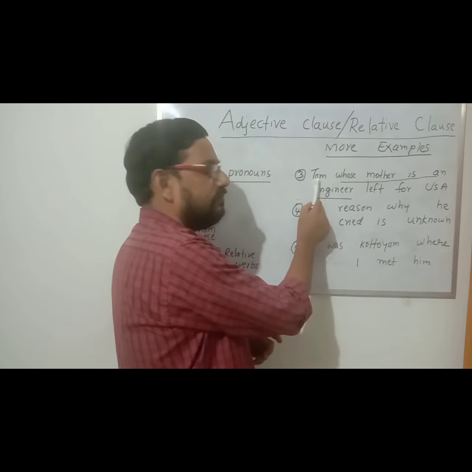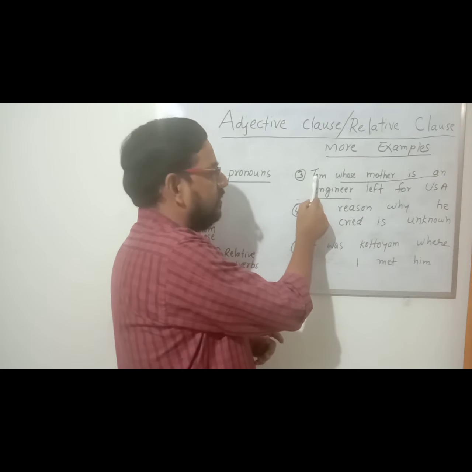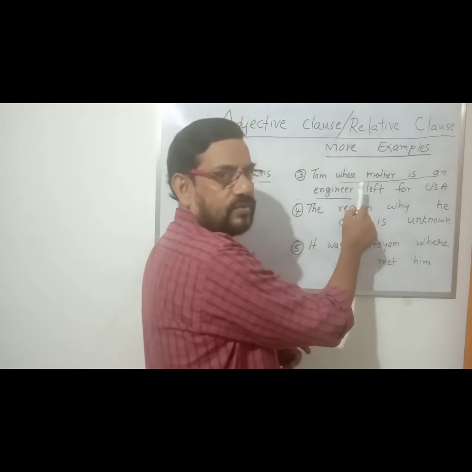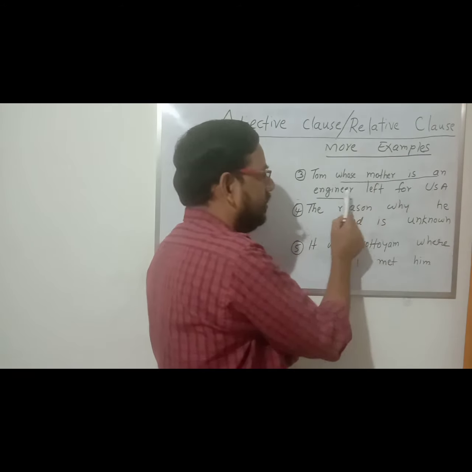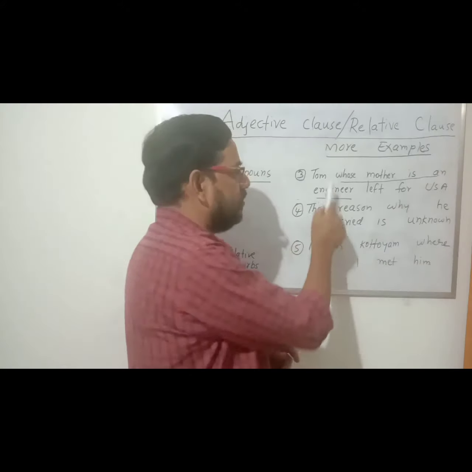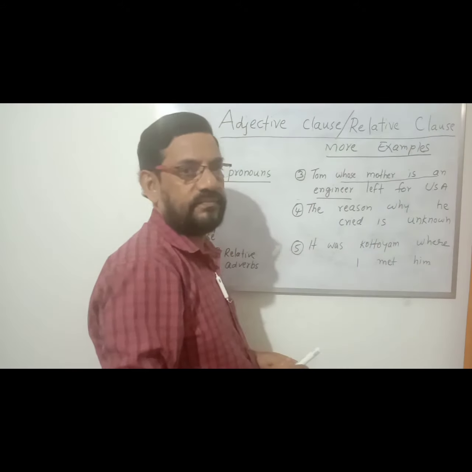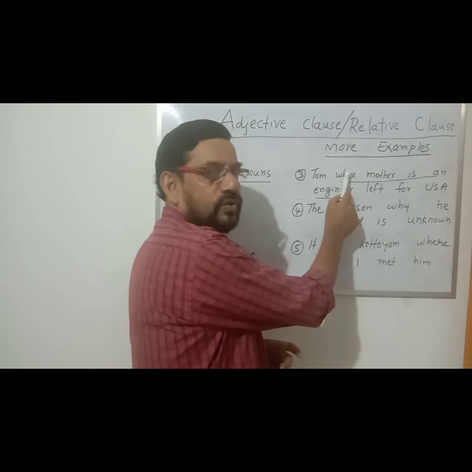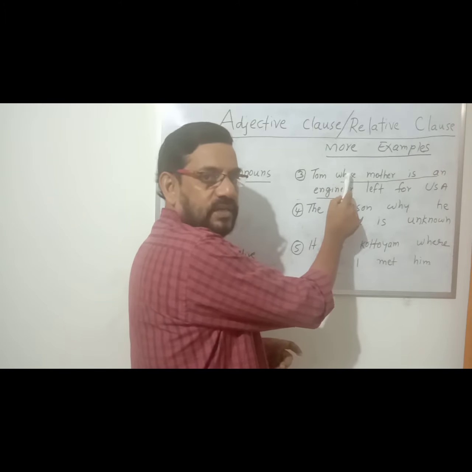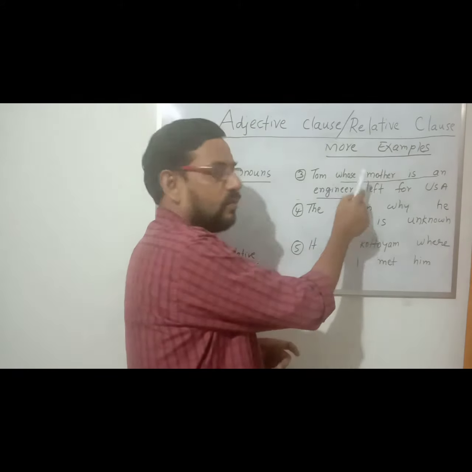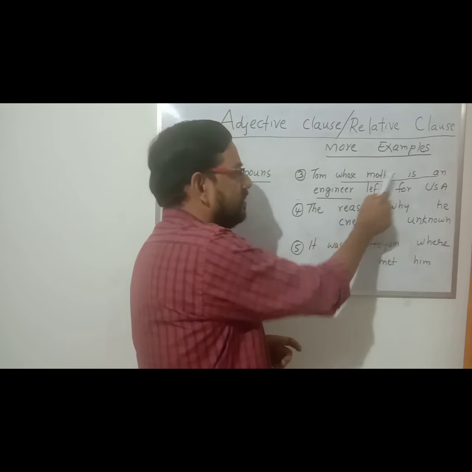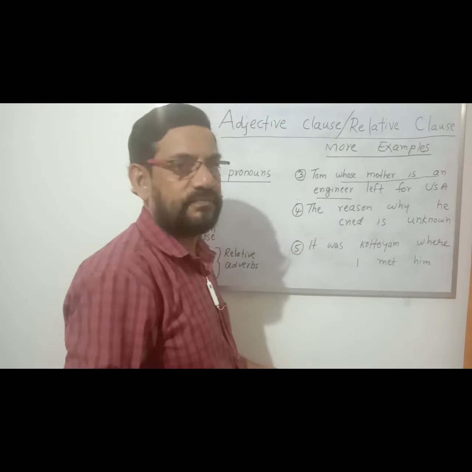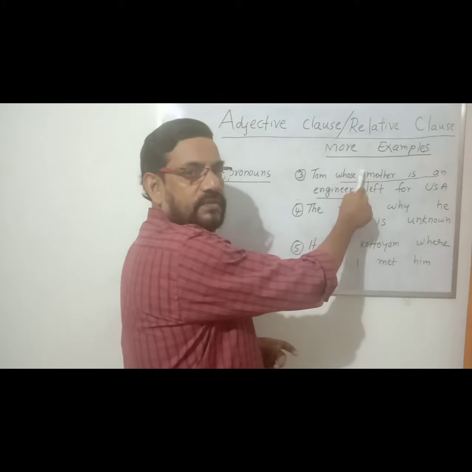The name Tom is modified or specified using a clause, whose mother is an engineer. Tom left for USA. Tom's mother is an engineer. That is why whose mother. This is possessive: instead of his, whose. Tom, his mother is an engineer. Tom, whose mother is an engineer, left for USA. So an adjective clause or a relative clause comes here.